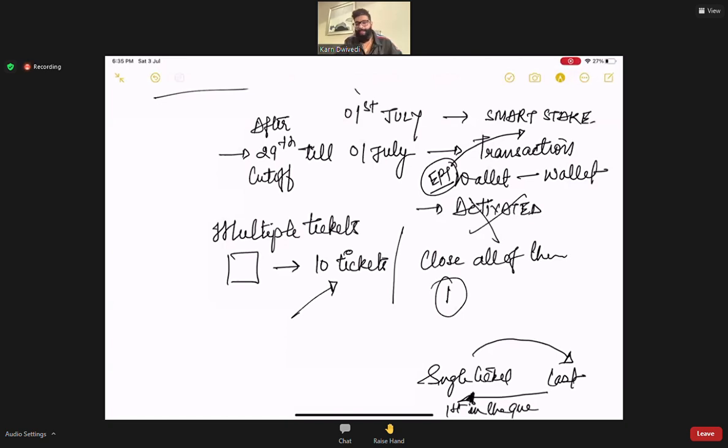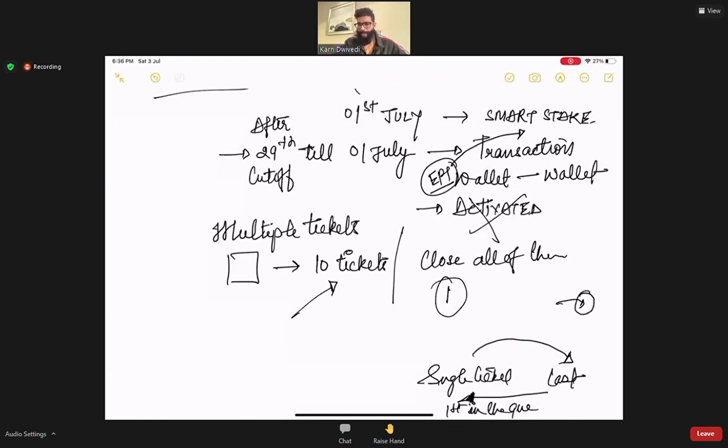So please tell all of your downlines, everyone, that if somebody has raised multiple tickets, that person will get their EPT late in the account. You make the decision yourself. The more tickets you have, the more chances of getting the EPT from the stake wallet to your master wallet probably at the last. So stop raising multiple tickets on the same thing.